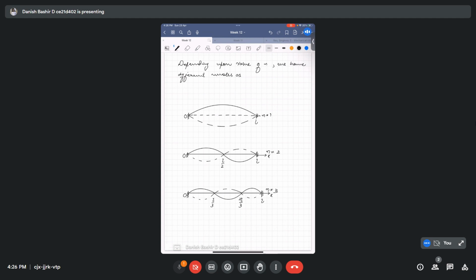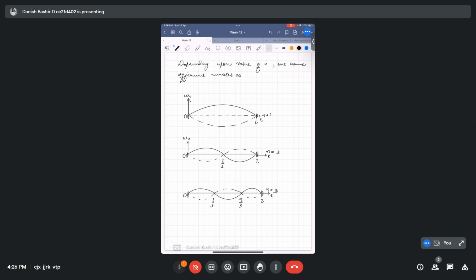This will be vibrating along the x-axis, and this is the displacement in the nth mode Wn, where n will vary.